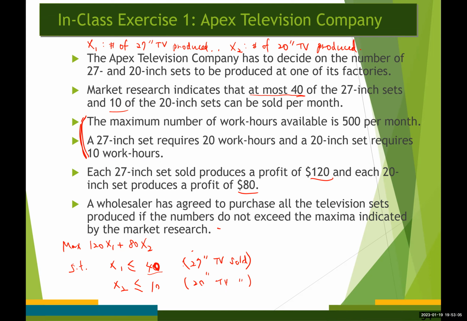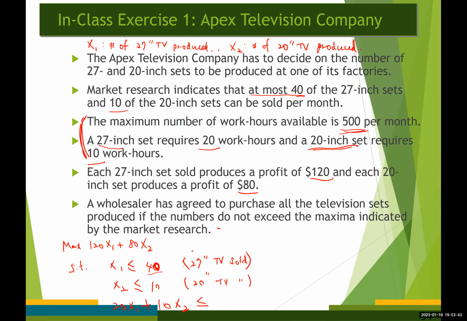So that's going to be 20 times x1, so 20 x1 plus 10 x2 must be less than or equal to 500.